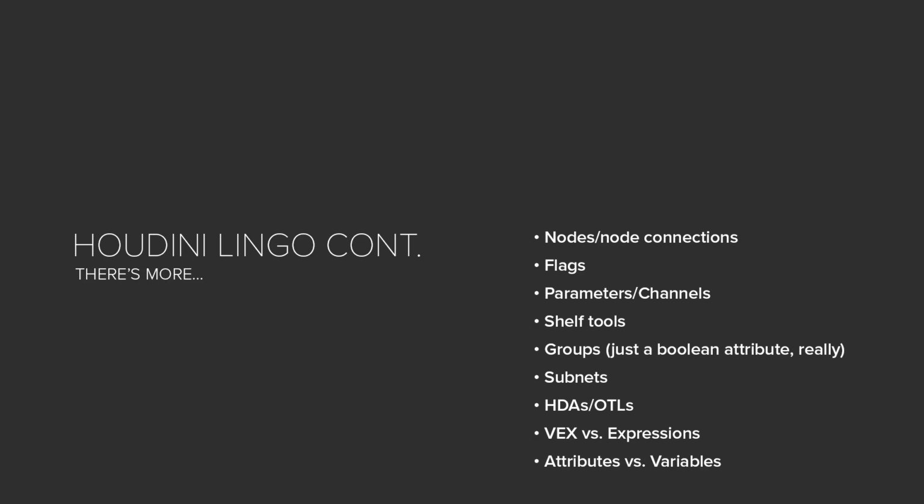Attributes versus variables. We've been talking about attributes a ton, but there's also variables built into Houdini, and there's several different types. They're these kind of global variables that operate a little bit like tokens in Cinema 4D. They're incredibly useful. And then there's this sort of older system of variables, these kind of localized variables that attributes have basically come to replace over the last few years.